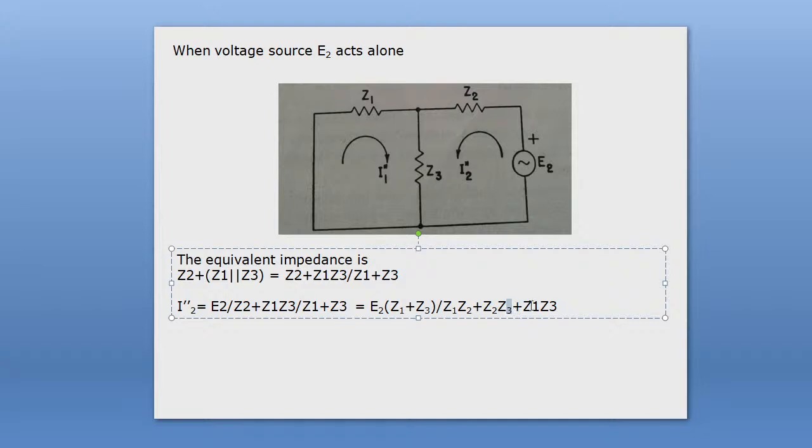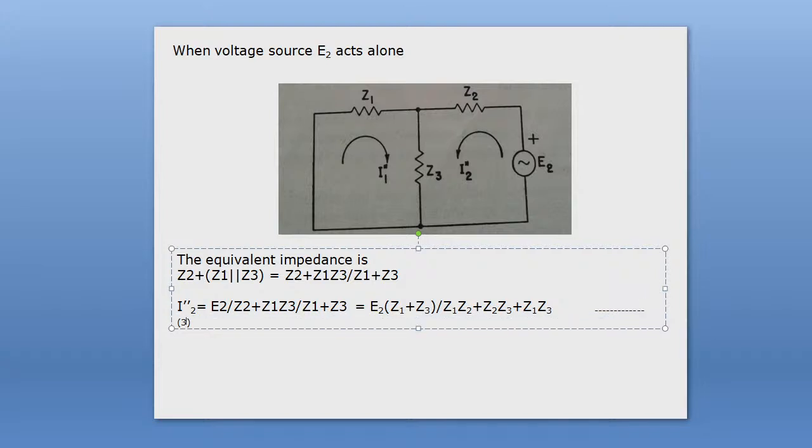Similarly, you derive the expression for I1 double dash. So this you consider equation 1, this one equation 3.